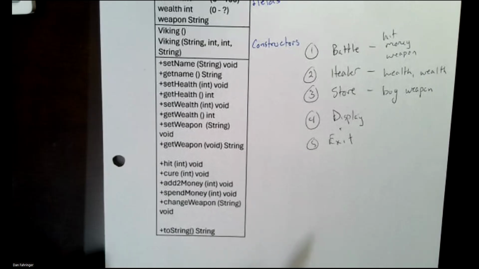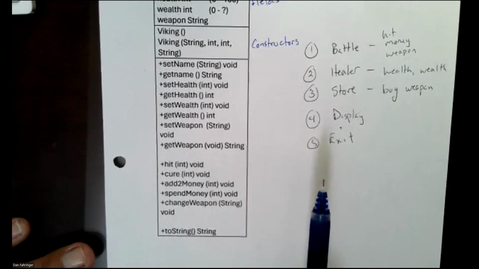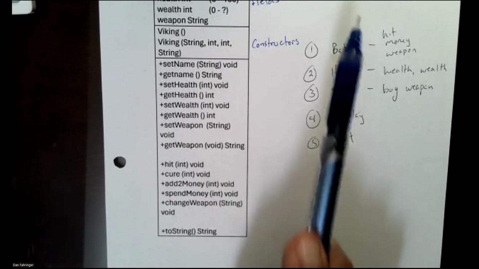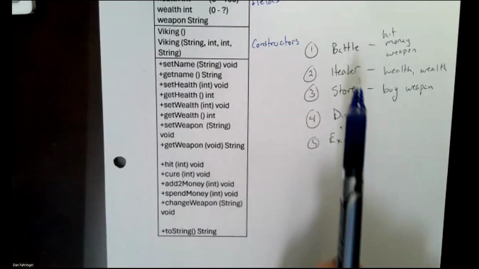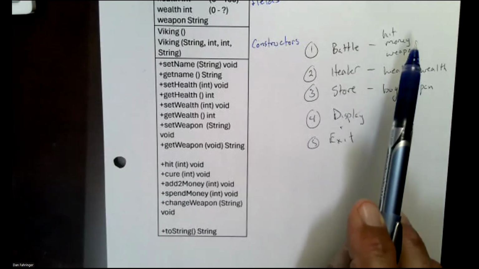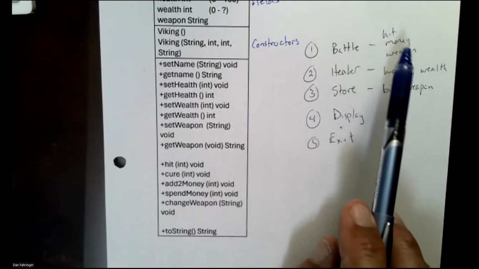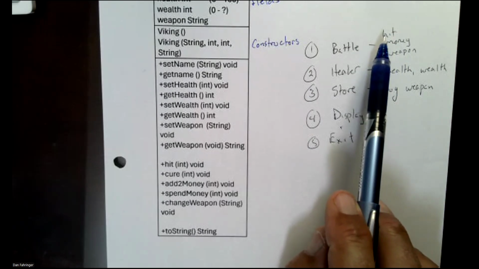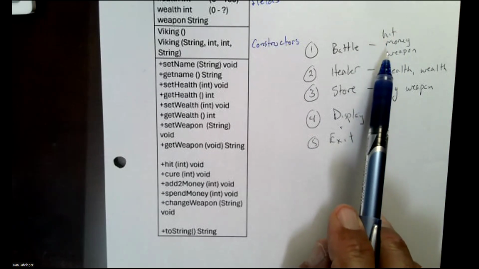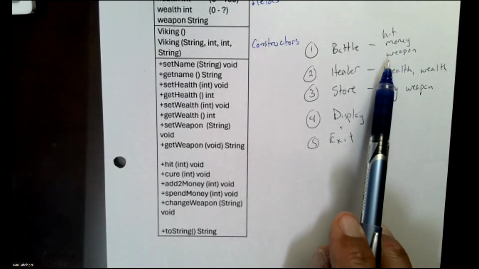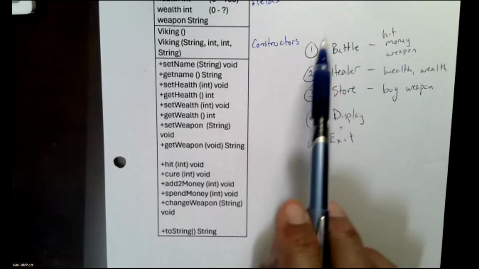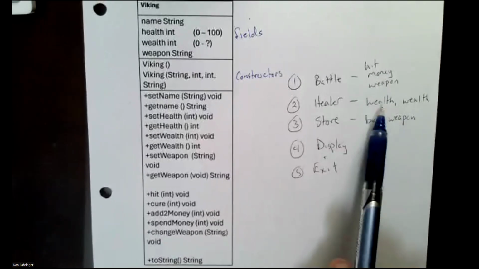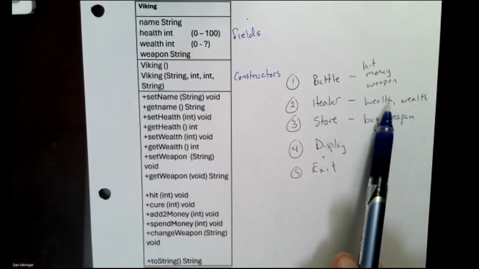So we took a day one time and we come in and the user would pick, do they go into battle? If they go into battle, they would fight somehow, possibly get beat up. If they won the battle, they would get money and possibly a weapon. The other choices go to a healer, and the healer would take some money and give you health back.